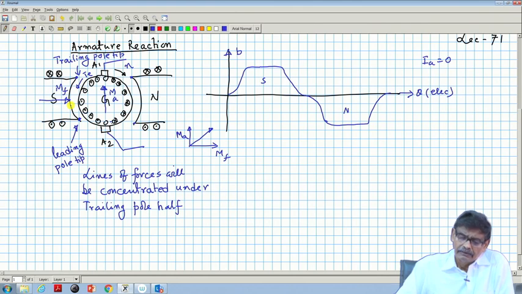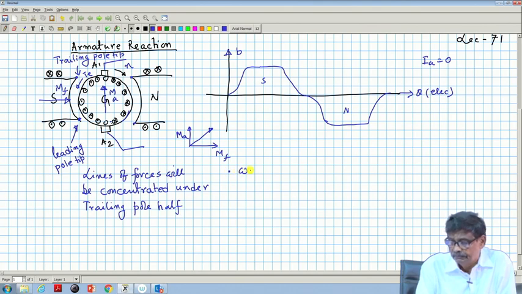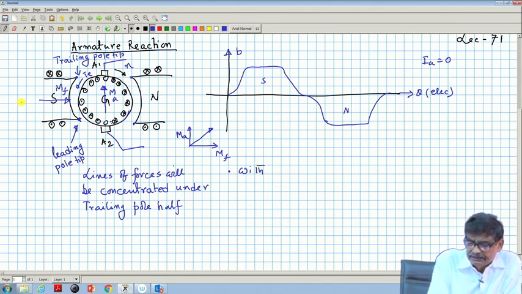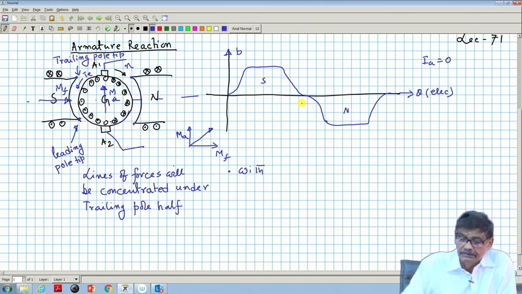Anyway, this was the scenario. Now, today we will go a step forward, we will try to investigate how this armature MMF will look when it carries current. With the brush position, this point is worth mentioning. Another thing you just note down: the field axis is this one.